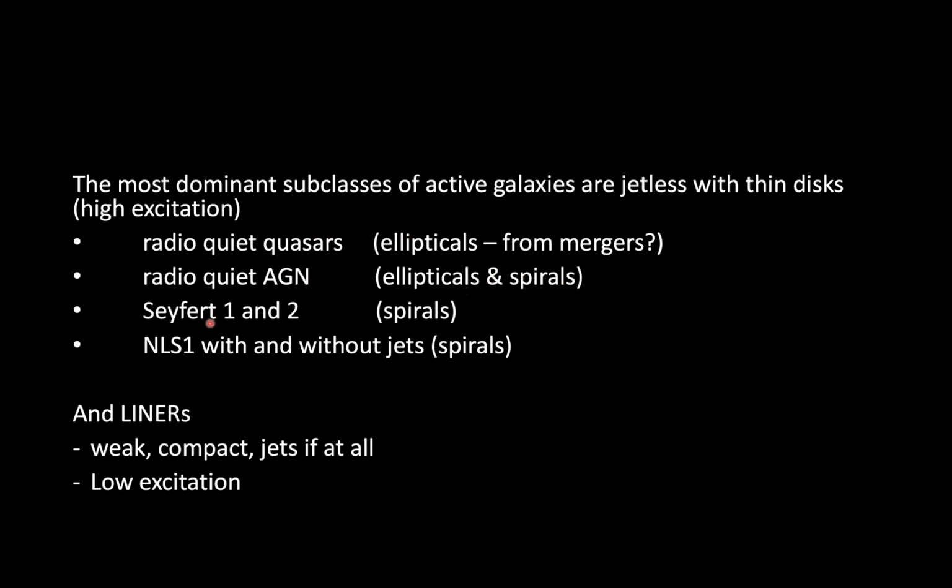Then there are these other objects that sort of overlap with radio quiet AGN. You can intermix these two. They're called Seyfert 1 and 2s, but these are generally almost exclusively, I think, spiral galaxies. And then there's the narrow line Seyfert 1s, which are sort of a subclass. And strangely, some of these have been found to have jets. So we have to explain jets in spiral galaxies as well.